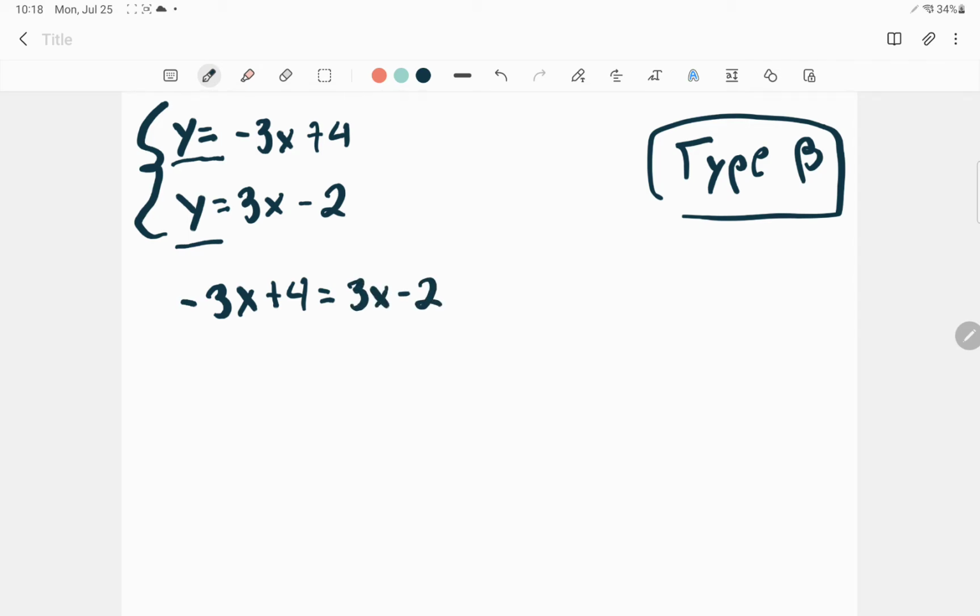And remember, you can do this only if both are y equals. Okay, this is problem type B.